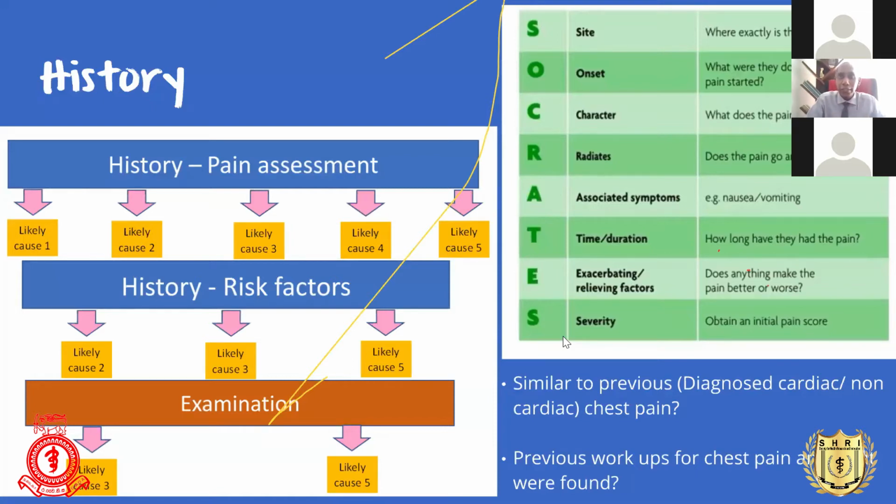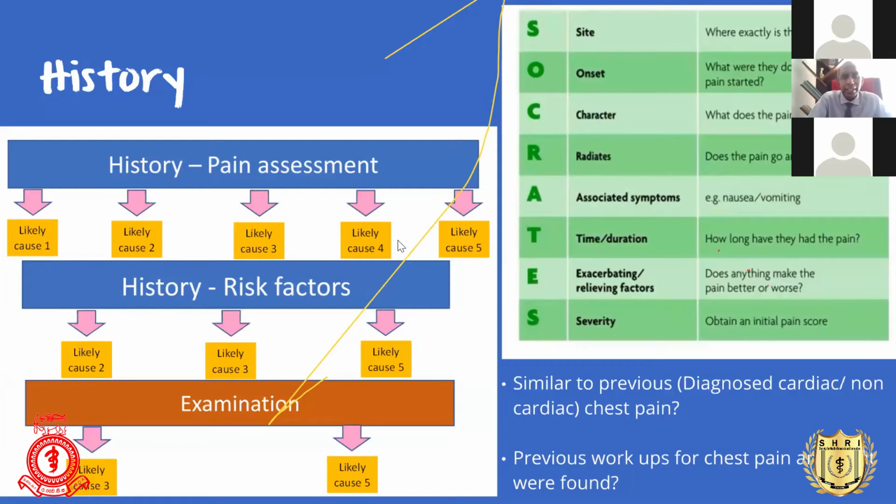And what did you do for that? Did you take any medication for that? And how many times from the time of onset did you have similar pain? And whether there are exacerbating or relieving factors. And the severity, if possible, to get a numerical scale to rate this pain from 0 to 10. That is important. So that is the pain assessment.